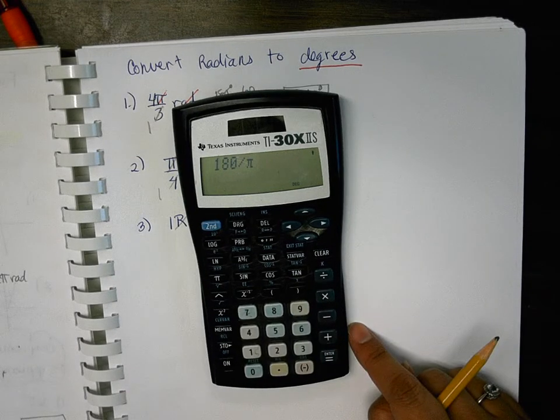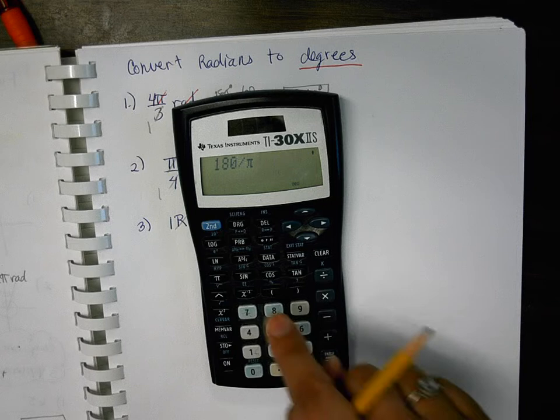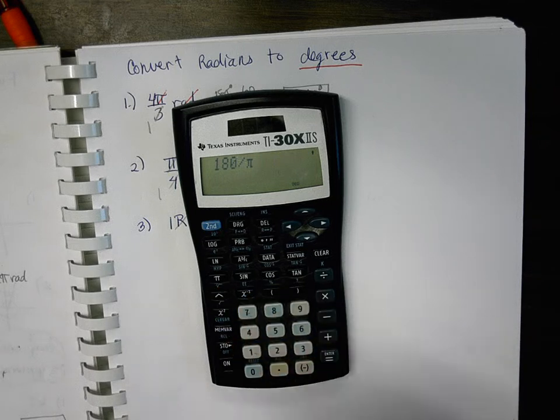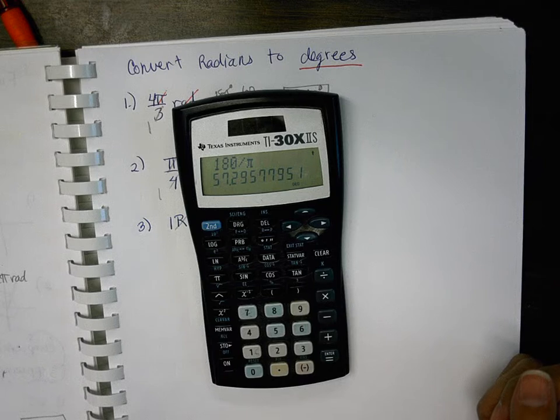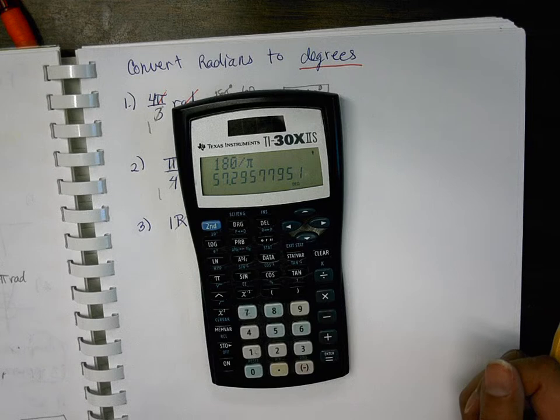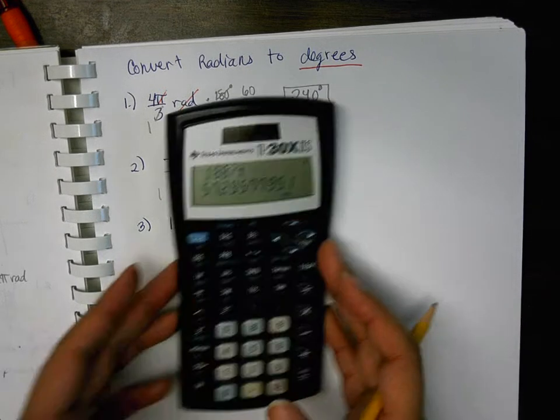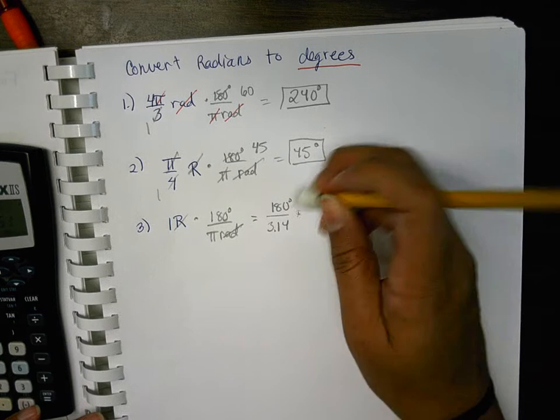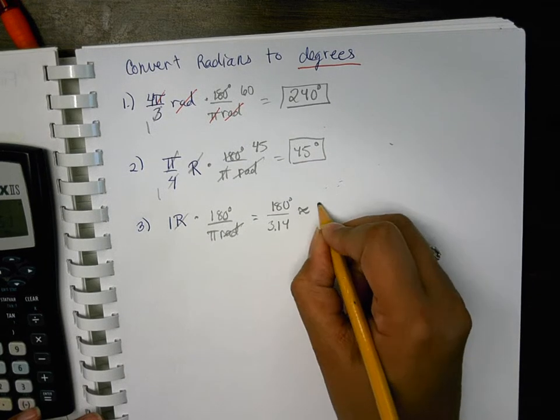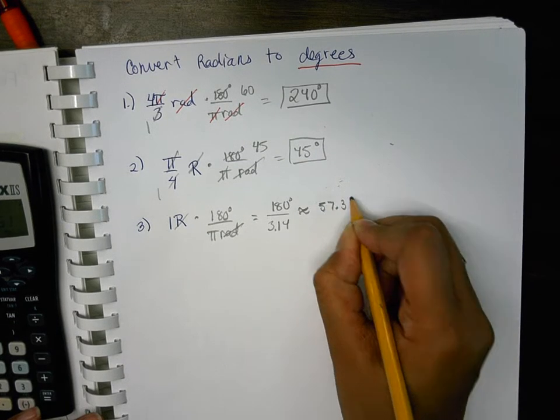If you do use the pi key versus 3.14, your decimal may be off just a little bit, but that's okay. All right, I get 57.295777951. Do you guys see that? Okay, I'm going to round that to the nearest tenths place, 57.3. So this is approximately 57.3 degrees.